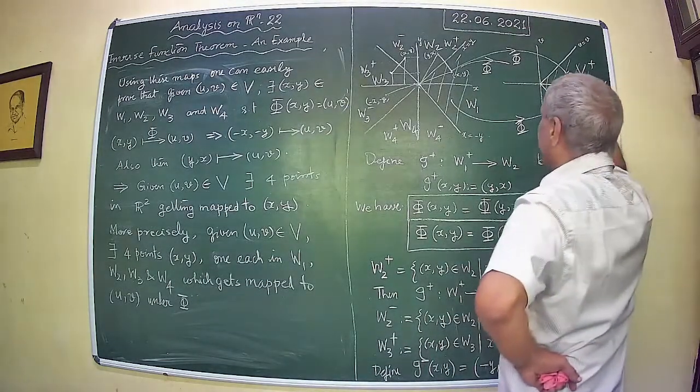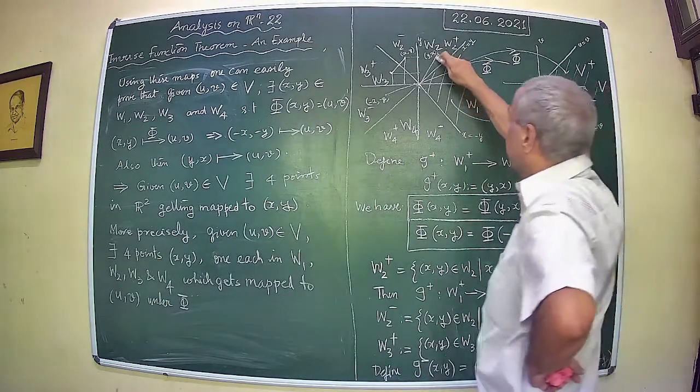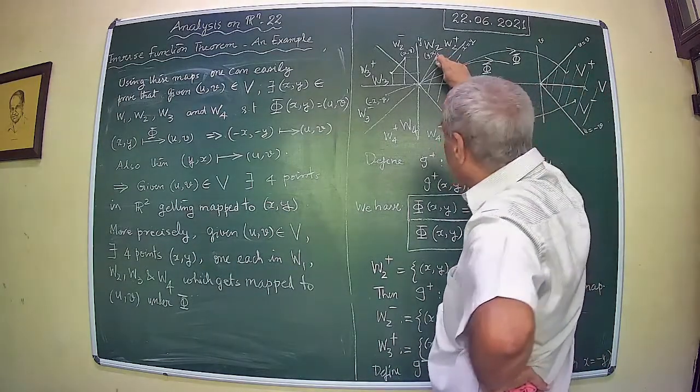If UV is here, then there is an XY here, that we have seen. Reflected, YX gets mapped to the same point.